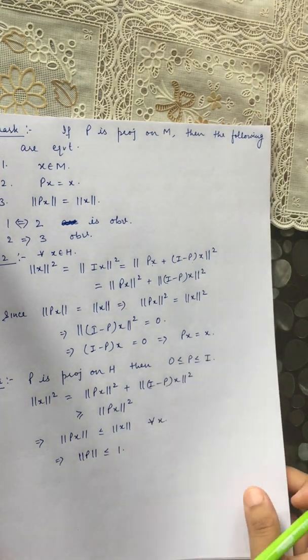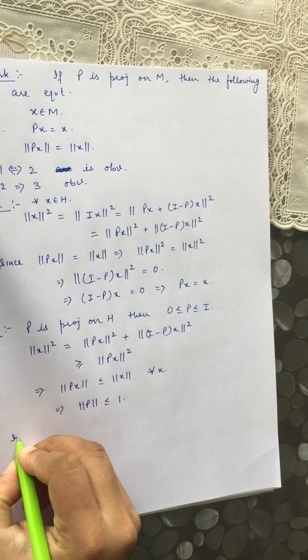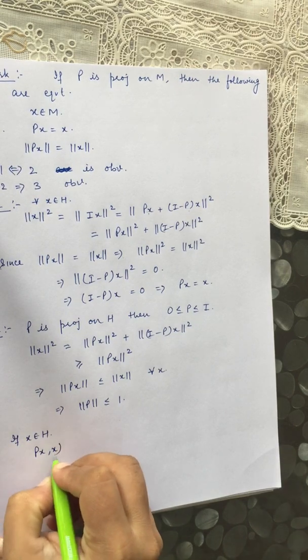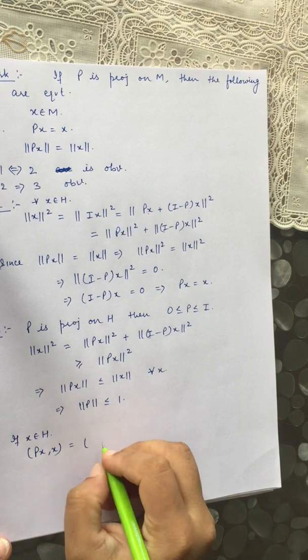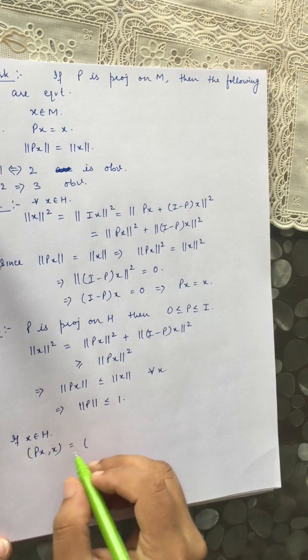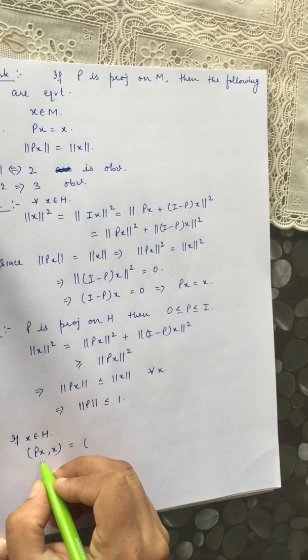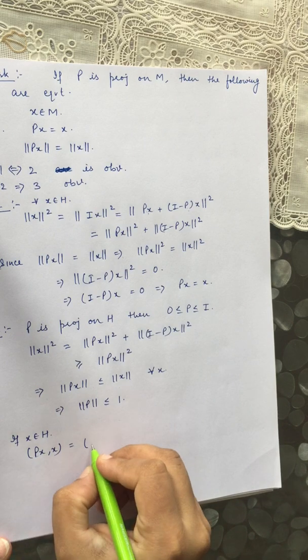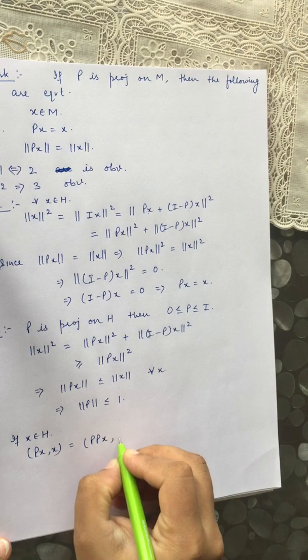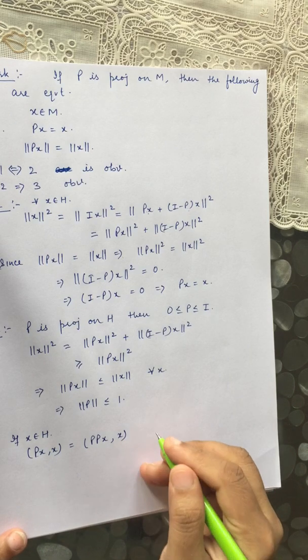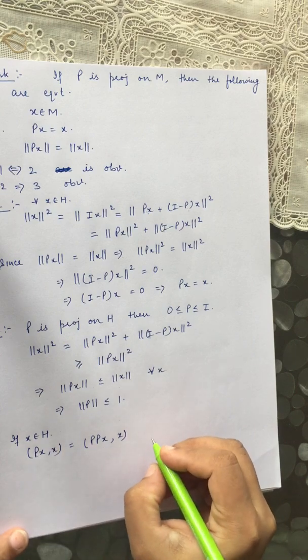And secondly, if x is any vector in H, then what is the inner product of Px with x? Because x is a vector in H, Px is in its range space. If this vector belongs to the range space, then it is equal to P of Px, because any vector in the range space of the projection is equal to P of that vector. So we can write Px as P of Px.